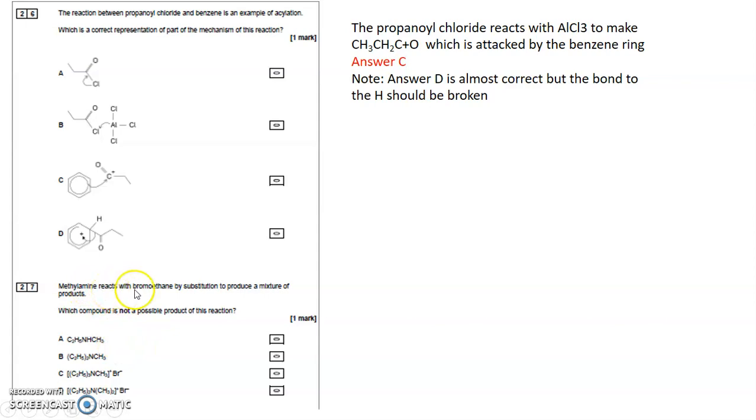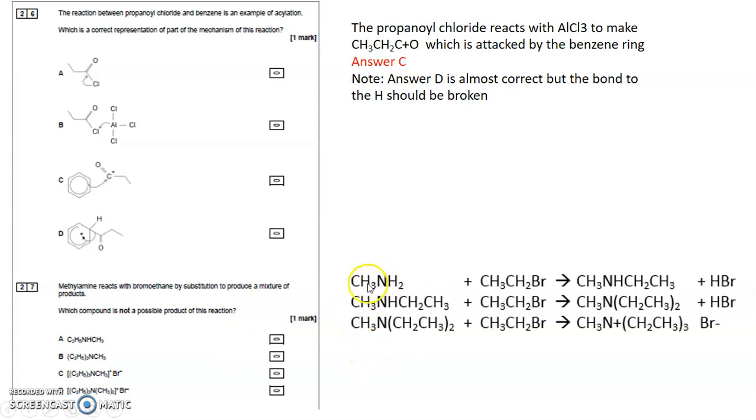27. Methylamine reacts with bromoethane by substitution to produce a mixture of products. Which compound is not a possible product for this reaction? So we need to go through the steps. Methylamine is this, methyl with an NH2 amine. With bromoethane, this is CH3CH2Br. The N with a lone pair of electrons bonds onto this C here and releases the Br.